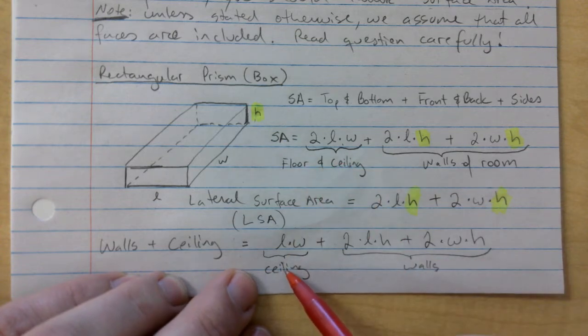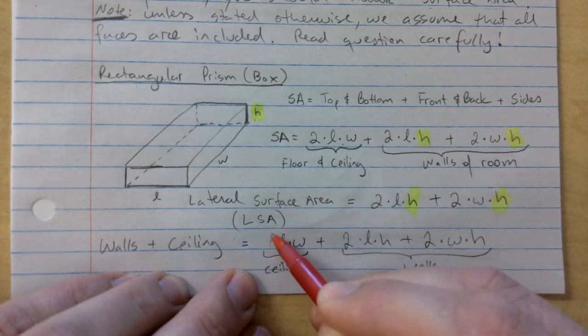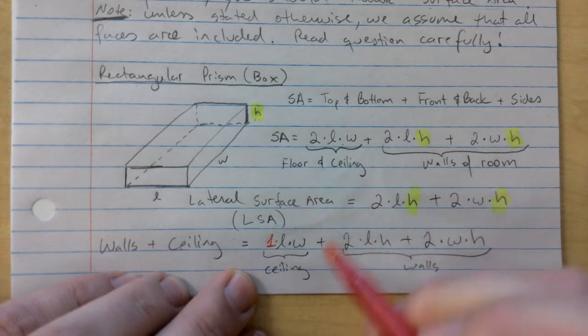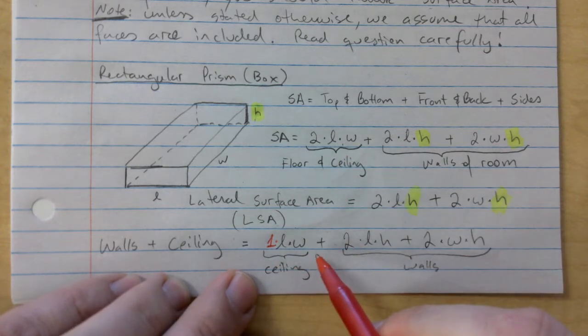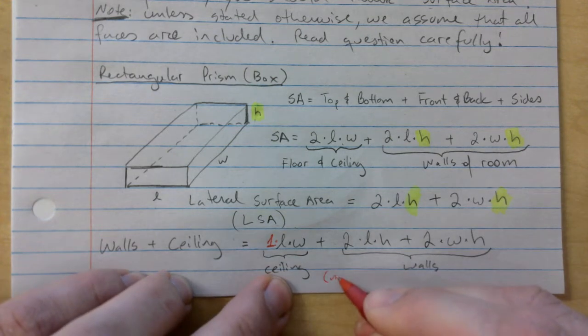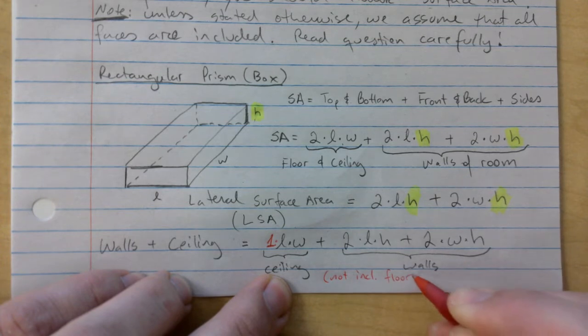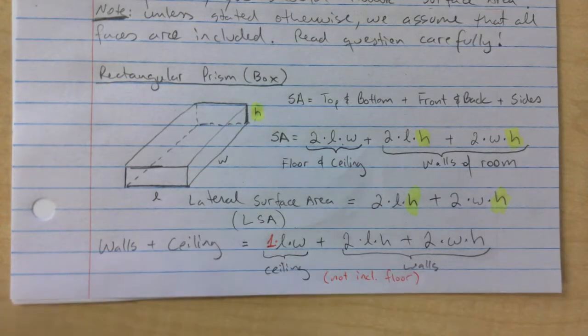Now it's just the ceiling, so technically there's a 1 here. You don't have to include that, but that's really what's happening. This formula is now down to just 1 times length times width because we're not including the floor. Not including floor. Okay, that way it's a reminder.